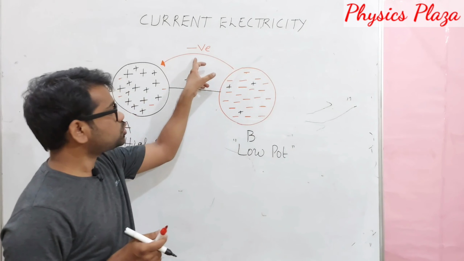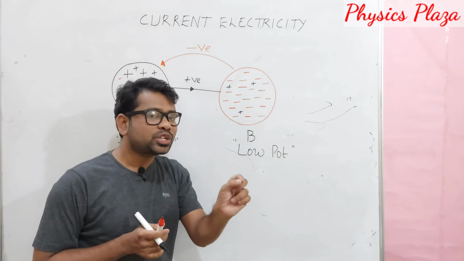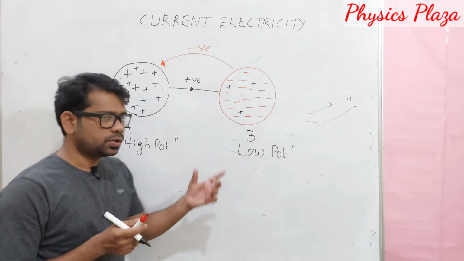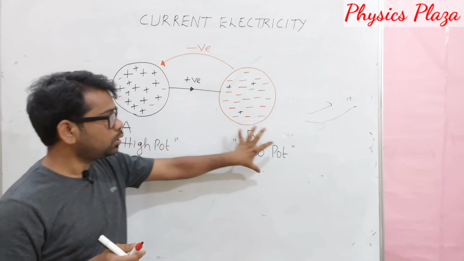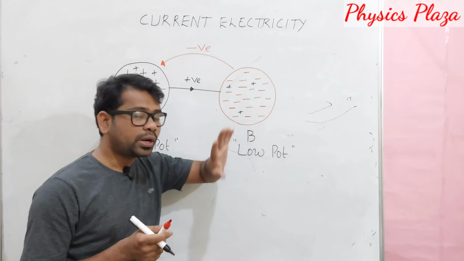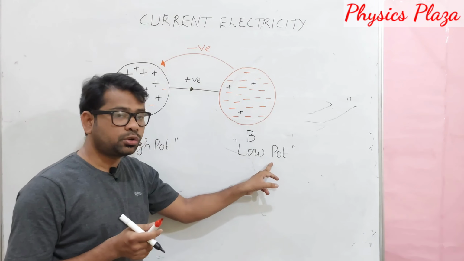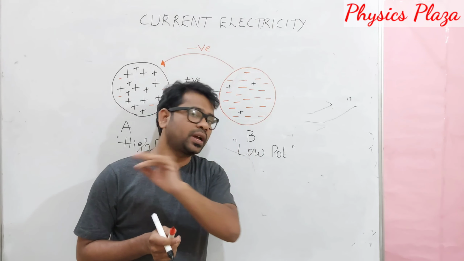So electronic current is always opposite to the direction of conventional current. Hope it's very clear. So current always flows from higher potential to lower potential, but electrons move from lower potential to higher potential, opposite to the direction of current.